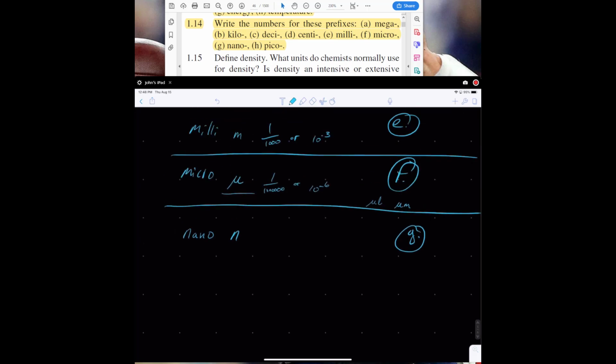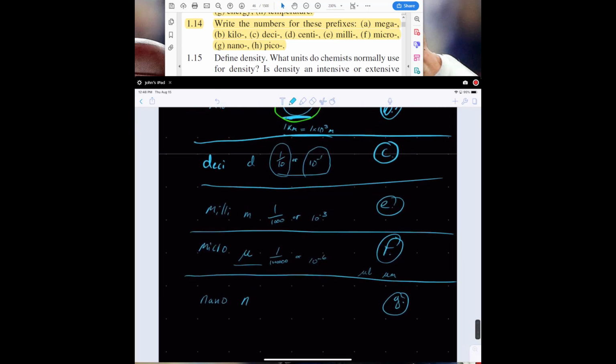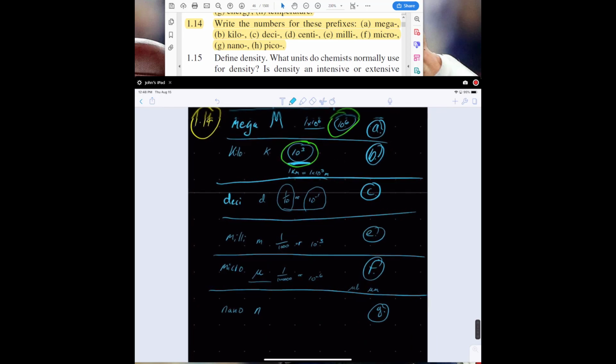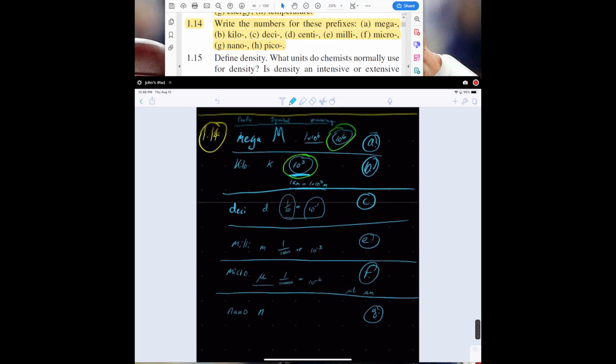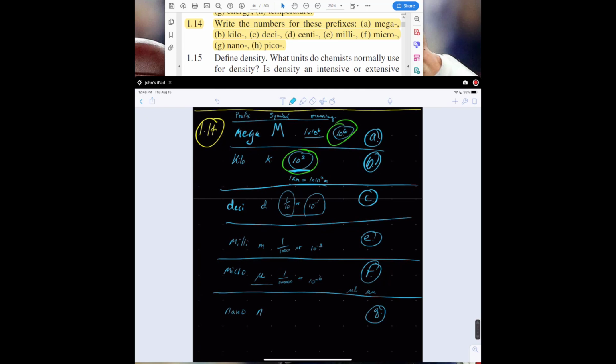Okay, so then this next part, G. G's asking us for nano. Nano symbol is lowercase n. This is going to be 1/1,000,000,000th.